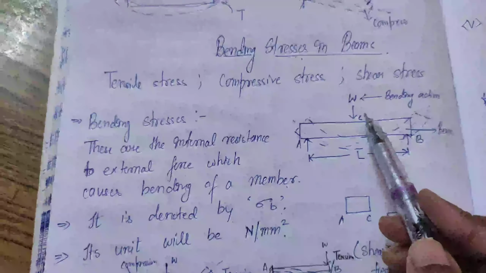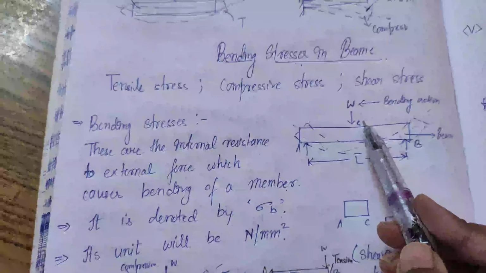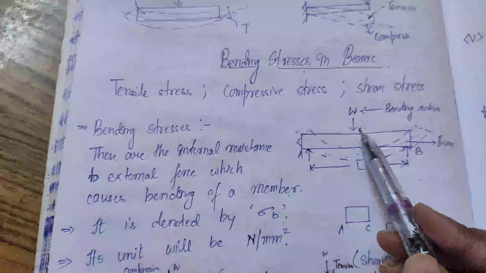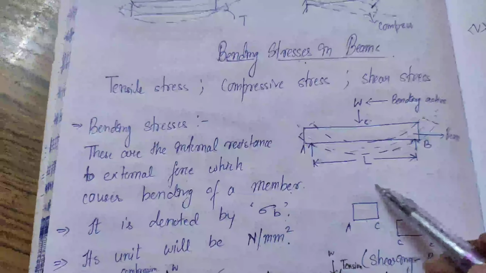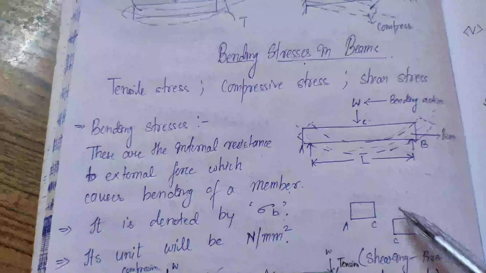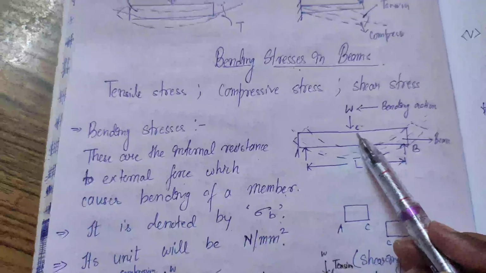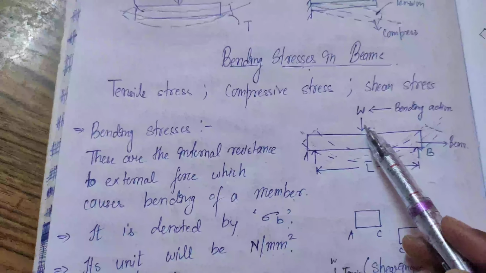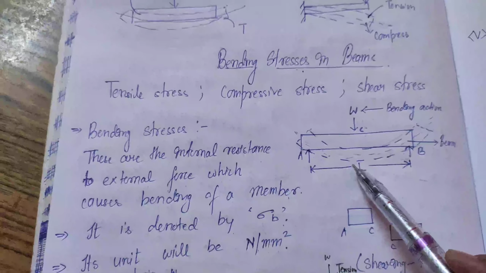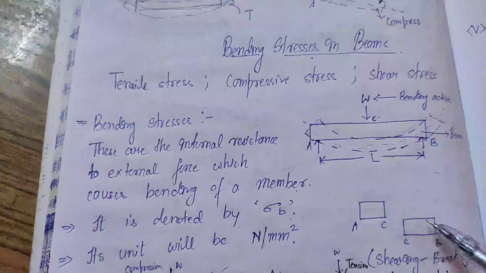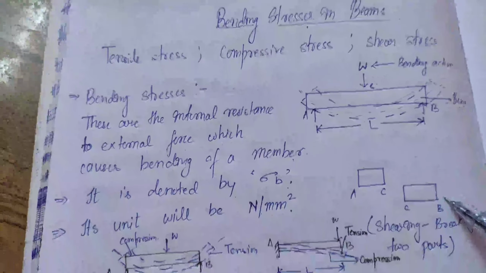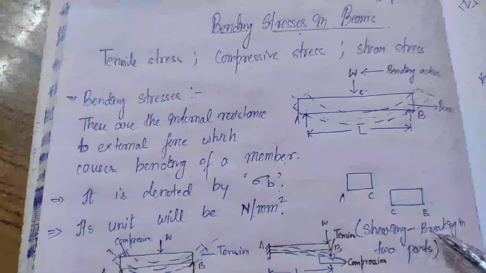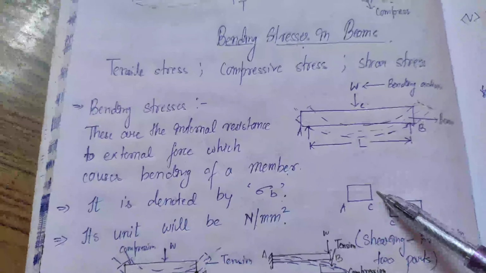When you apply load, there will be one more case of shear. Due to shear, your beam can break into two parts. Suppose the beam breaks into two parts at this point, A to C and C to B. Breaking into two parts is the shearing effect.